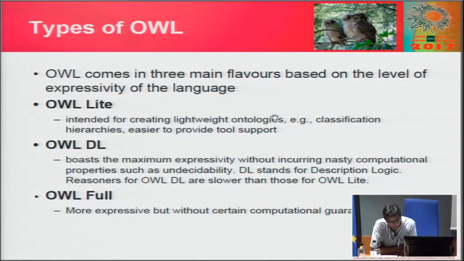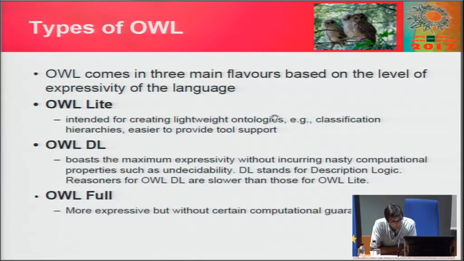So then you get the next level of expressivity, which is OWL DL, which is said to boast the maximum level of expressivity without incurring certain nasty computational properties such as undecidability, which means that you can't be sure that the reasoner will ever end, that there's no guarantee that it won't go on forever.